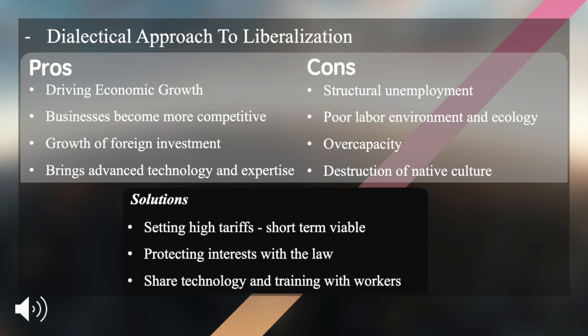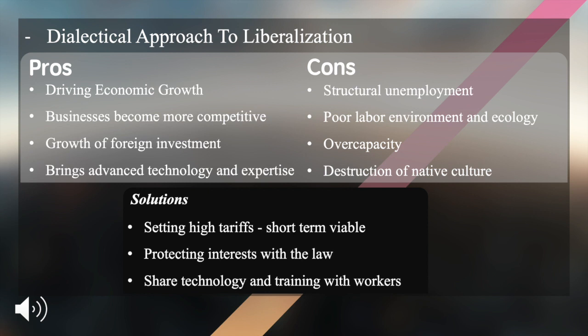However, the disadvantage of trade liberalization is that it can lead to structural unemployment and it can also lead to bad jobs and ecological conditions. Overproduction and the destruction of national cultures are also its drawbacks.